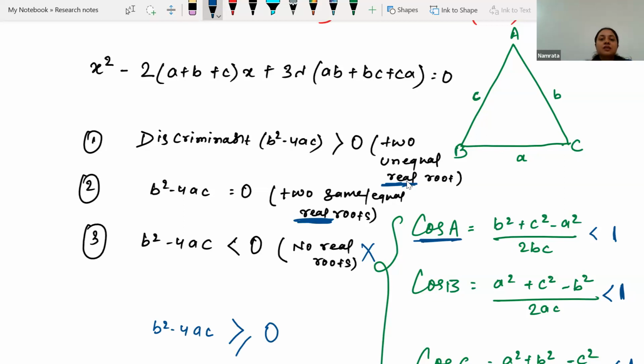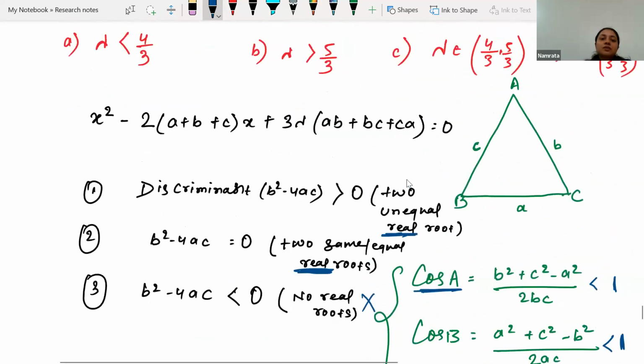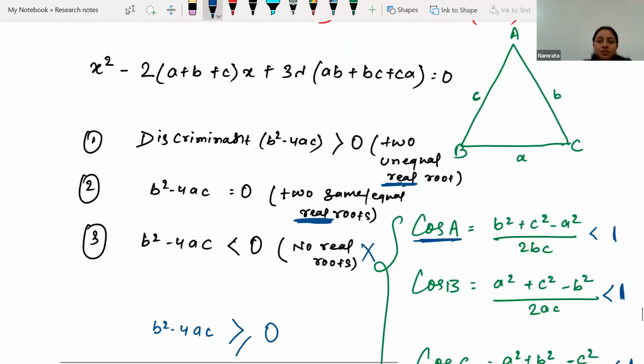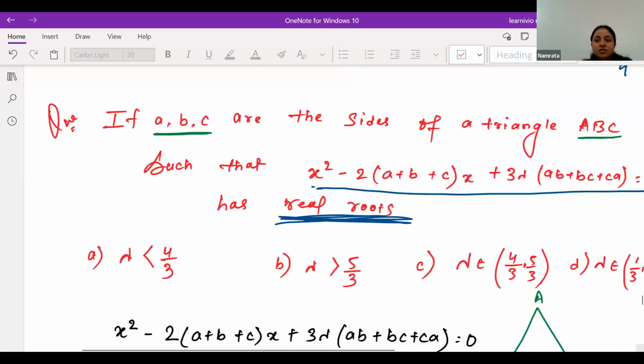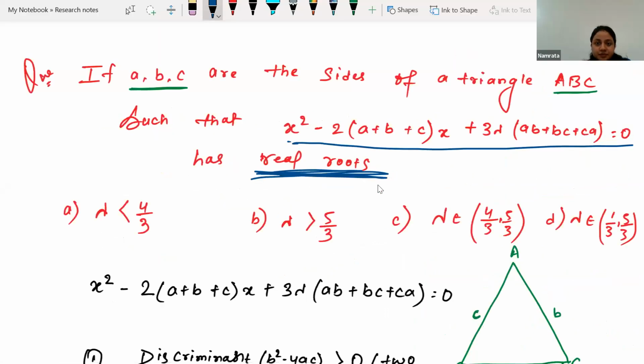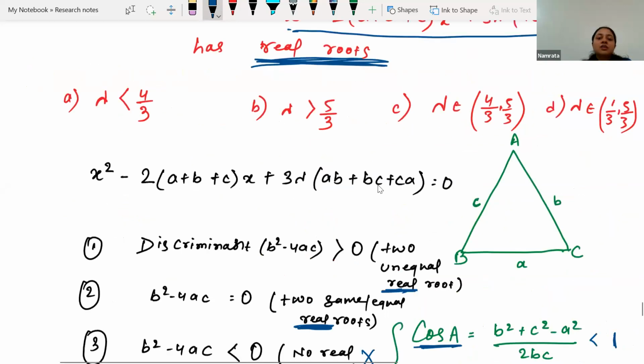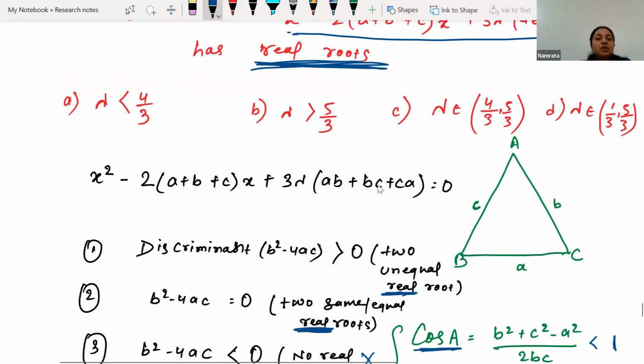Let's see the question again. If a, b, c are the sides of a triangle ABC such that the quadratic equation has real roots. Real roots can happen when discriminant is greater than 0 or when discriminant is equals to 0.